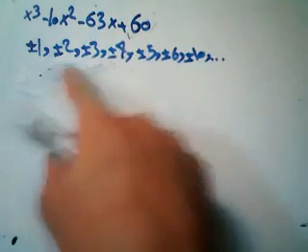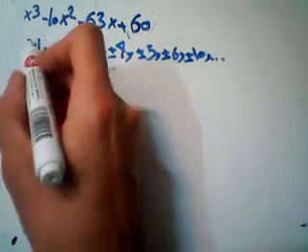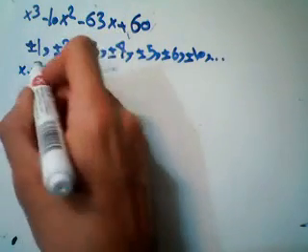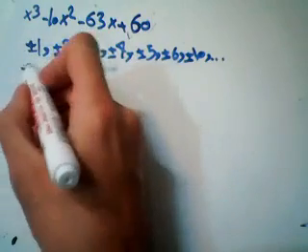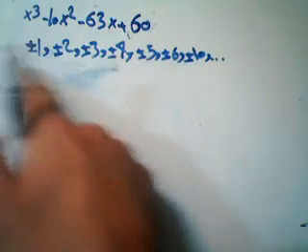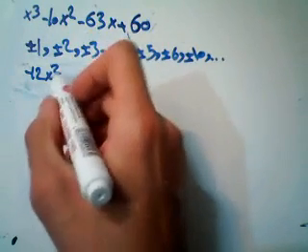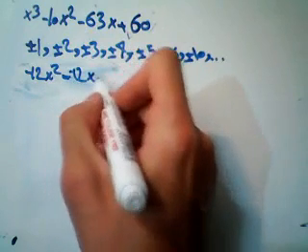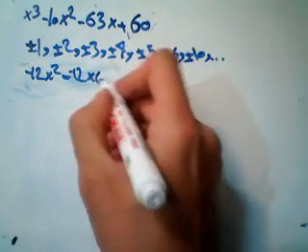Okay, let's do that for minus 2. That would be minus 2x squared minus 10x squared, minus 12x squared, and again minus 12x dot x. Substitute minus 2 into that.